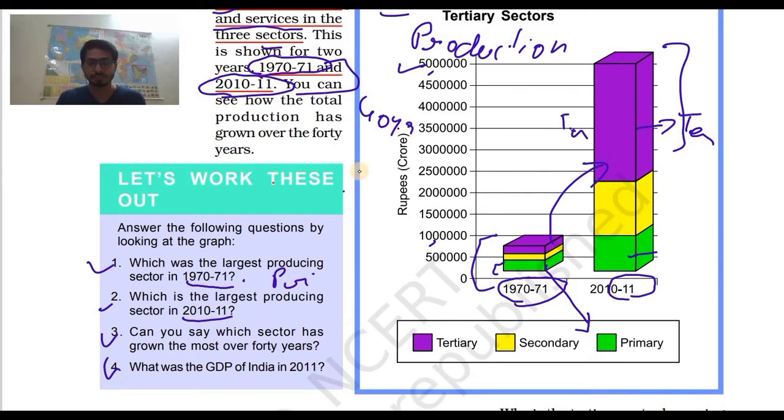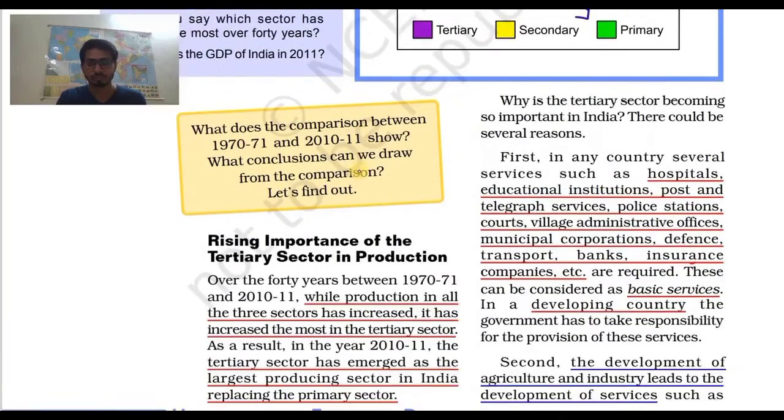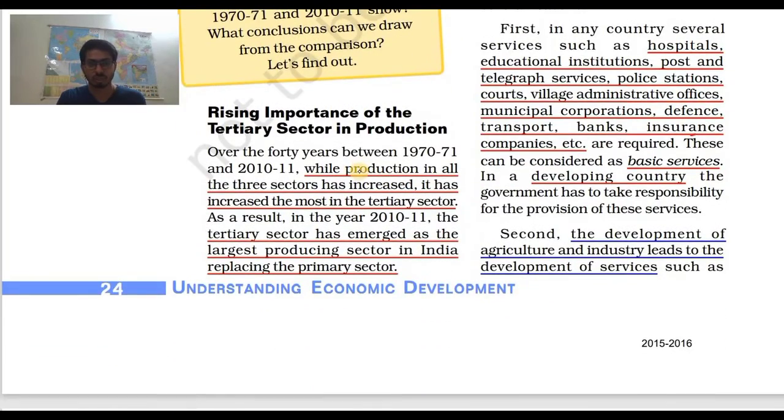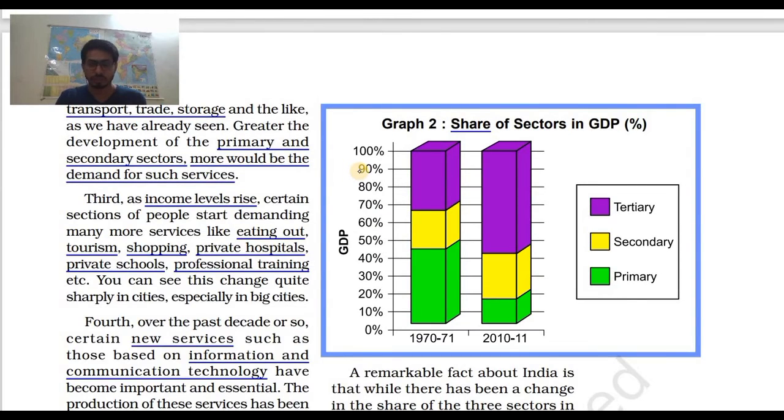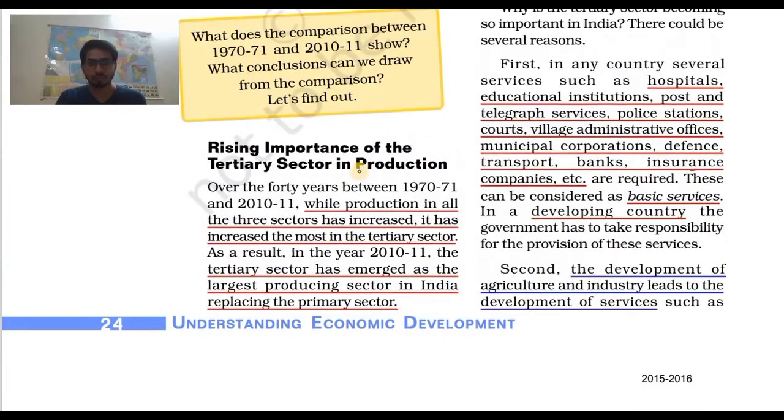So let's see. Now, rising importance of the tertiary sector in production. While production in all three sectors has increased, it has increased the most in the tertiary sector.